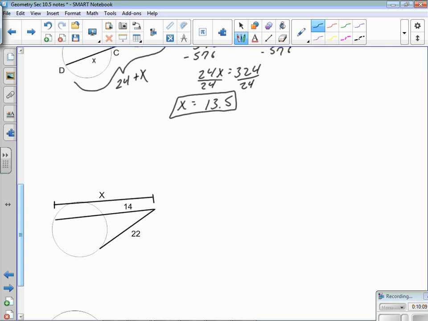All right, this next one, we've got the entire secant segment given to us as x. The outside secant segment is 14. Then we've got a tangent segment that's 22. For the secant segment, it's the external secant segment, or the outside part, times the whole thing, which is just x. It's going to equal the tangent segment squared.